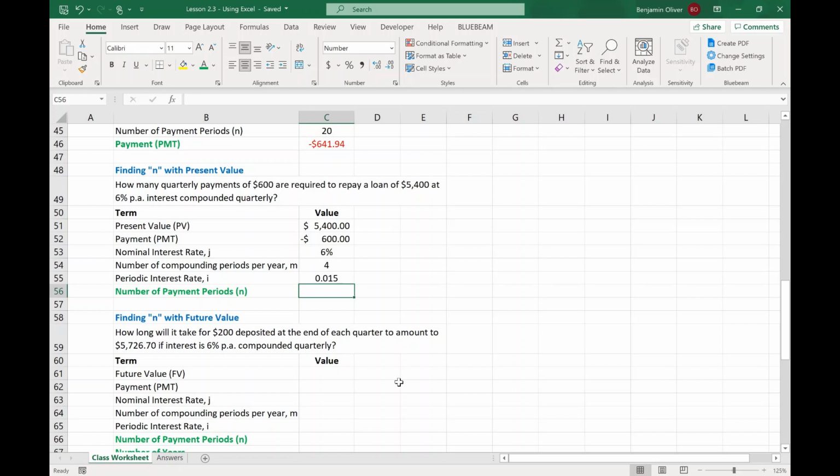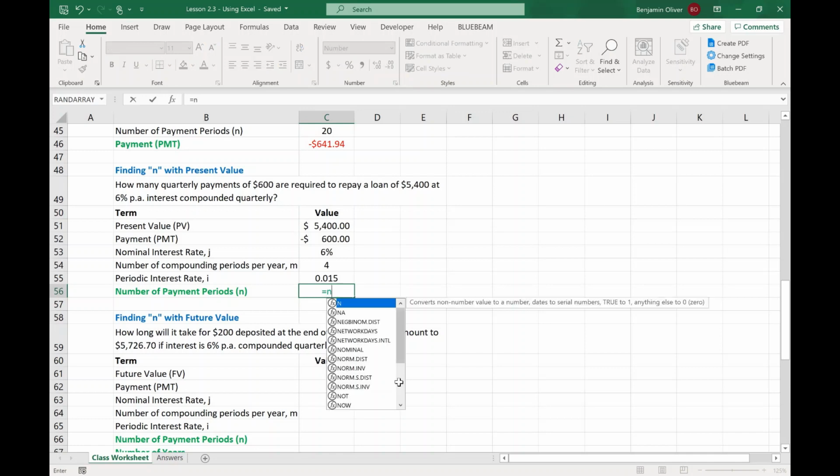So now we have the number of payment periods. Remember in our formulas, it was always showing up as NPER. And that's because that's actually the formula to calculate this. So equals NPER. And you see as you start typing it, it narrows it down very quickly to the correct formula. It returns the number of periods for an investment based on periodic constant payments and a constant interest rate once again.